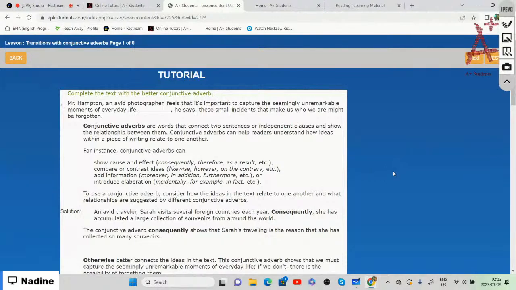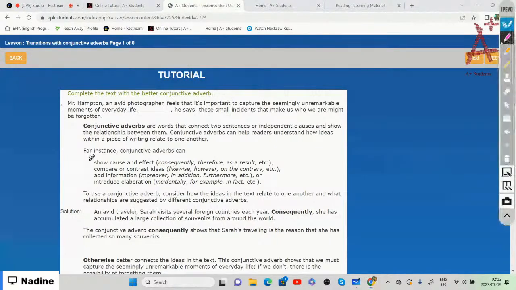And remember that a conjunctive adverb can help readers to understand how ideas within a piece of writing relate to one another. And that is why they made mention of this. Here are a few that you need to look at.